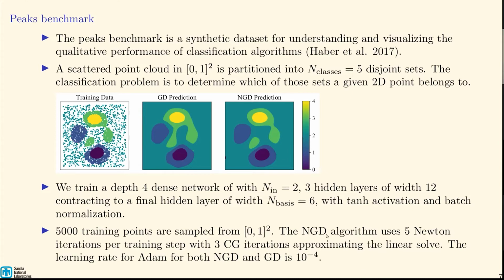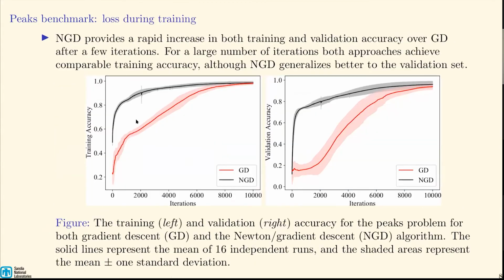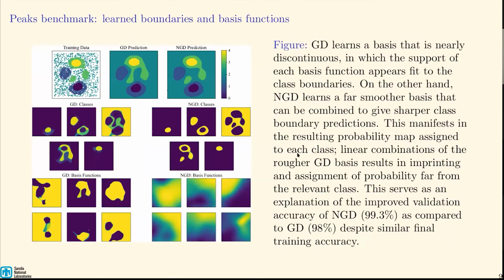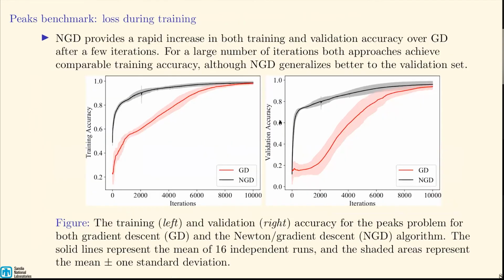And the NGD, the Newton gradient descent, uses 5 Newton iterations per training step, with 3 CG iterations for the linear solve. And the learning rate for Adam for both Newton gradient descent and standard gradient descent is 10 to the minus 4.